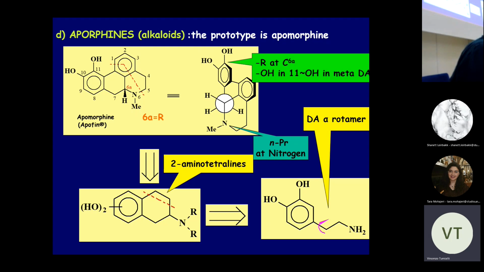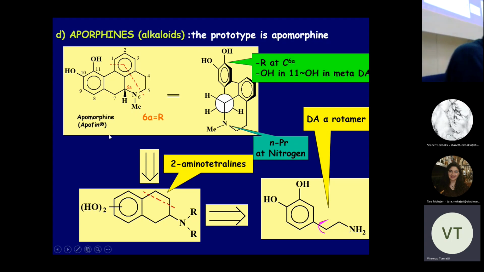It is a very strong vomiting agent. It is used also in case of ingestion of poisons, toxic compounds, because it has really a strong effect on the stomach.